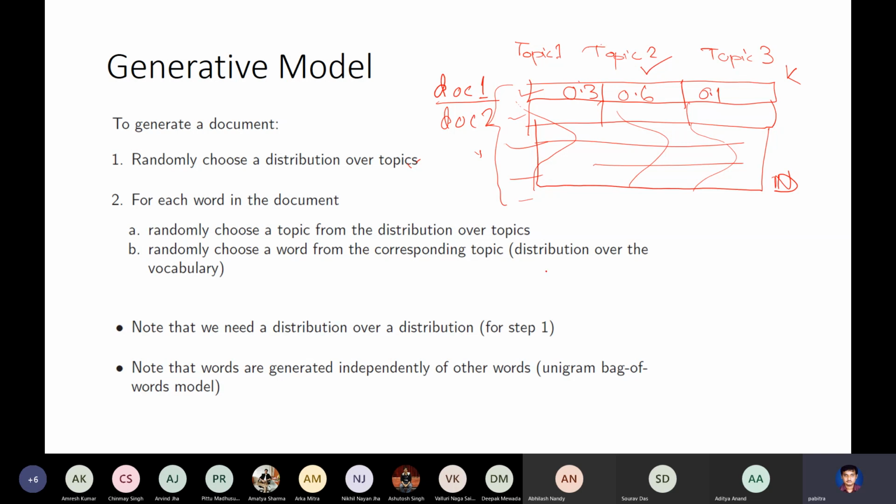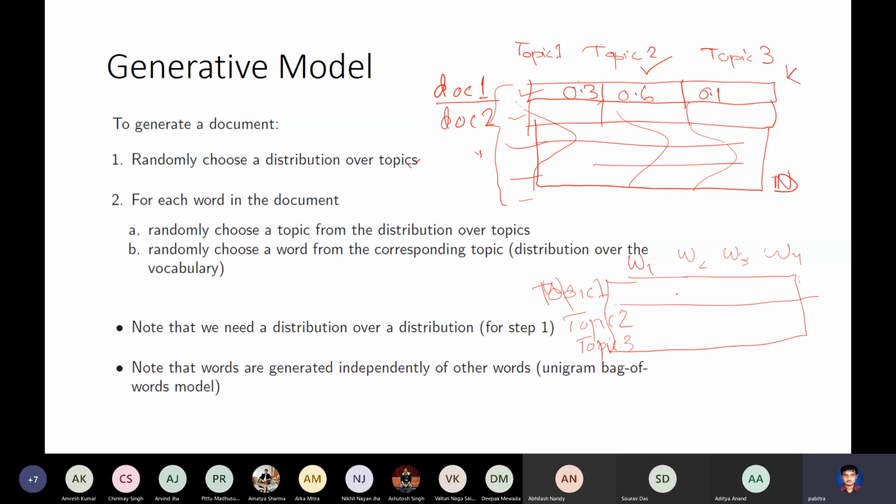And now I go to the topic versus words matrix. So I have another matrix which is again like this. So you have topic 1, then topic 2, and topic 3, and I have word 1, word 2, word 3, word 4.